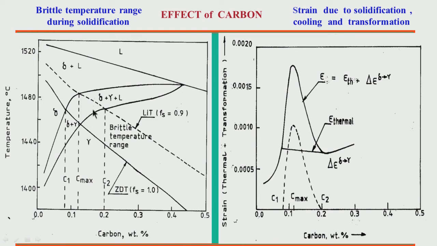Beyond this it is slowly decreasing, because the amount of transformation is coming down, and above C2, that means when carbon concentration is more than C2, it is 0%, that means delta to gamma is taking place above this brittle temperature region. So, the same thing has been shown here, and some quantitative estimation has been done.